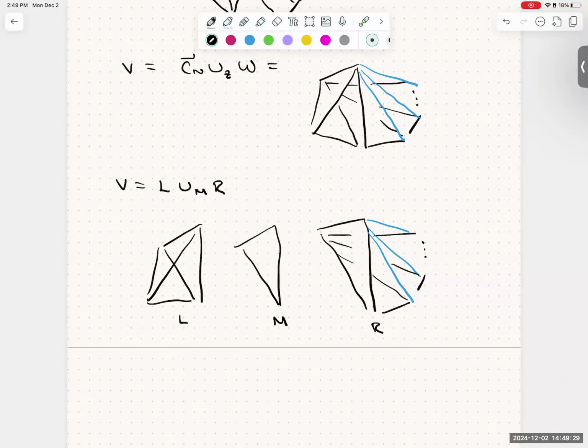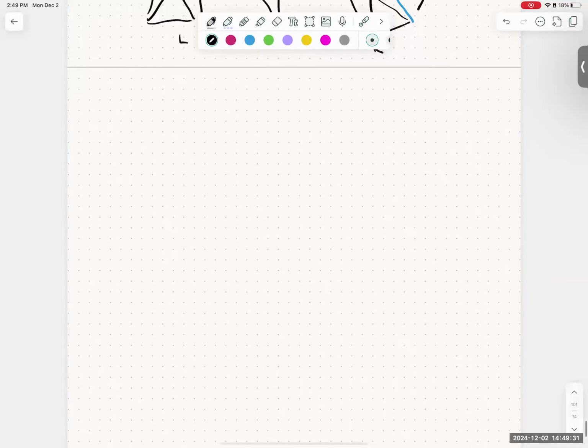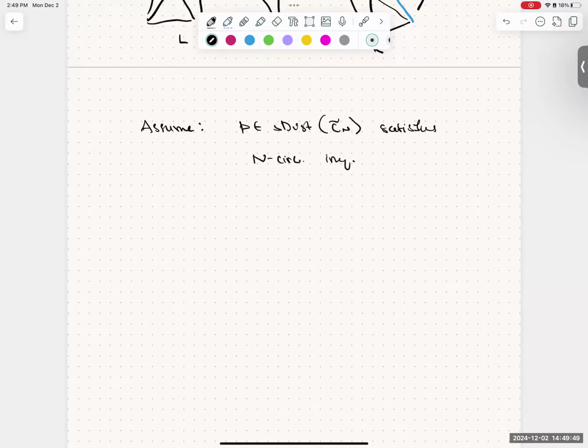We want to assume that p in S dist of Cn satisfies the n circle inequalities.